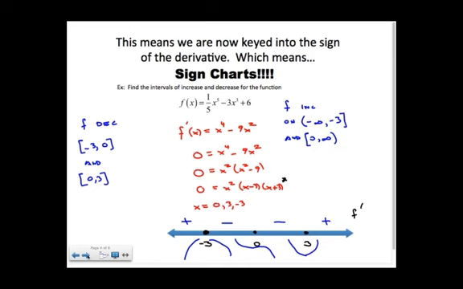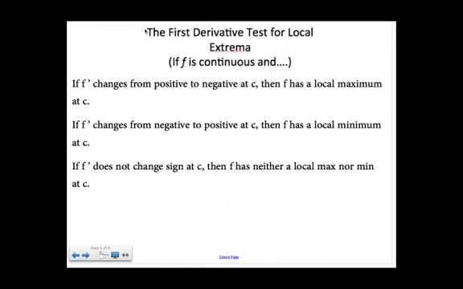So that will lead us real quick to what's called the first derivative test for local extrema. Okay, if your function is continuous, that's a stipulation of these facts here, and if f prime changes from positive to negative, that means your function f changes from increasing to decreasing, then you'll have a local maximum at c.